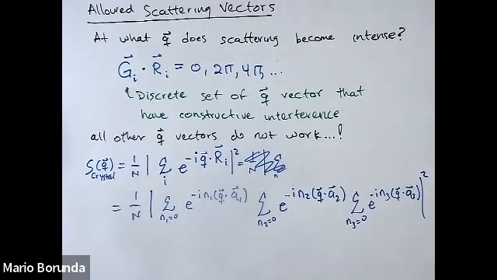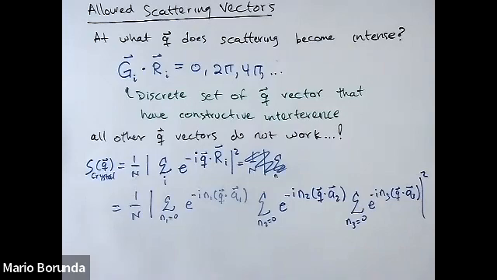So you might think that what the crystallographers do is look at these discrete values. If I was a crystallographer and I had to invent this, I would look at those scatterings happening from a crystal, then figure out what would be the reciprocal lattice vectors that let me do that.